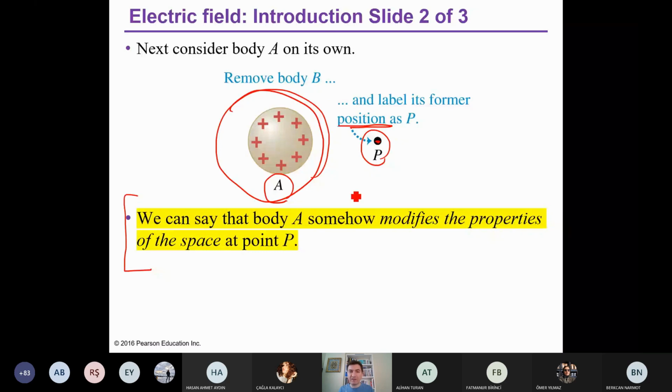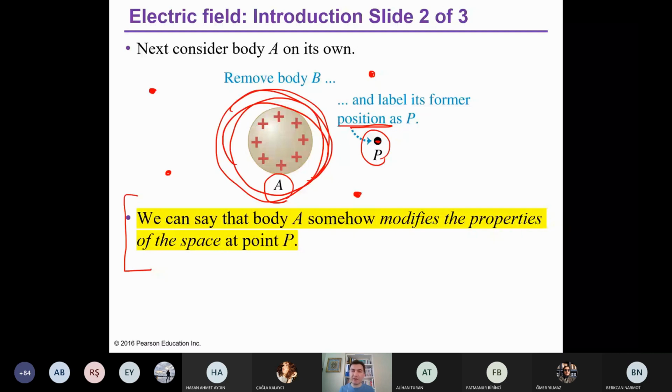So it modifies the space here, it modifies this P point, okay? Each charge, whether negatively charged or positively charged, changes or modifies the properties of the space around itself.